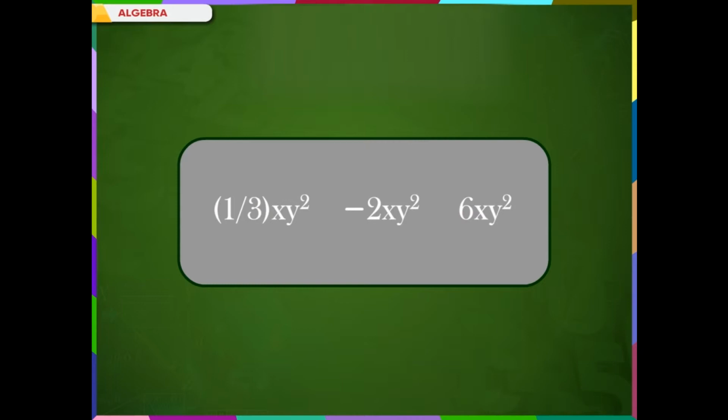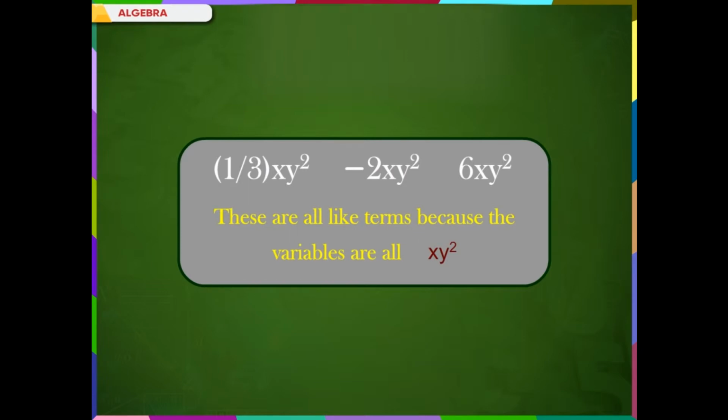Terms in which the same variable is raised to the same exponent are called like terms. See the expressions on the screen. These are all like terms because the variables are all xy square.